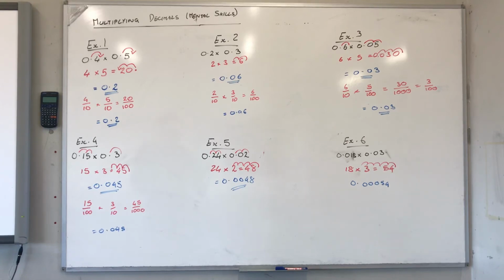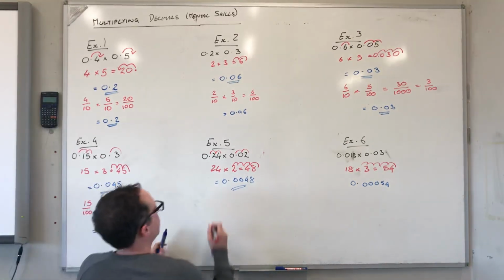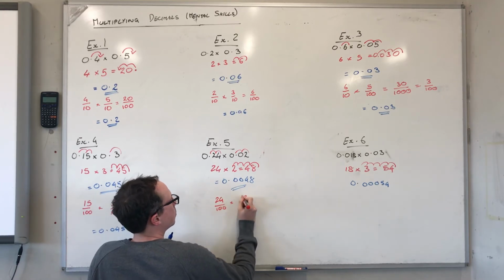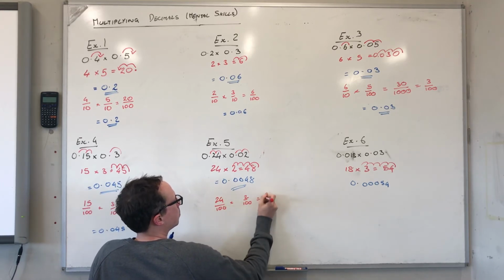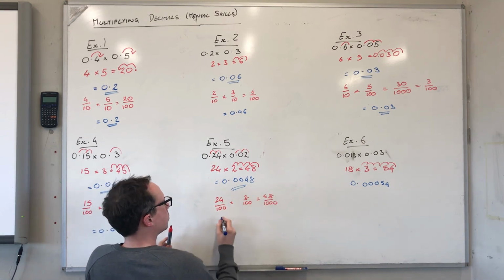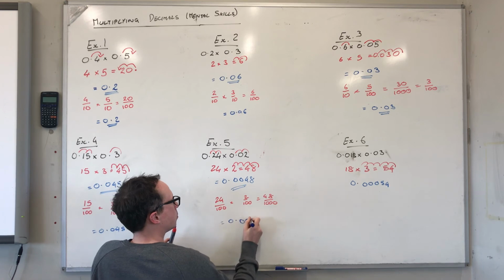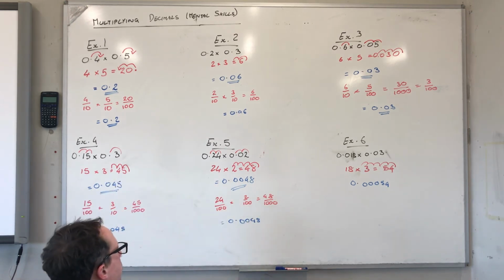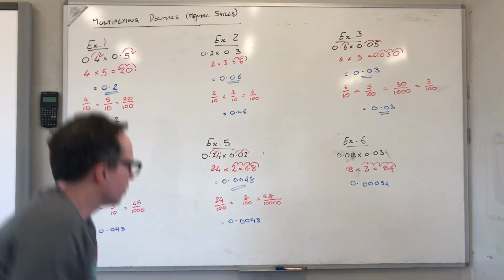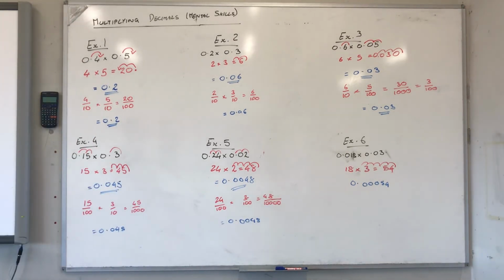And again, 24 hundredths times 2 hundredths gives me 48 ten thousandths, which is just 0.048.